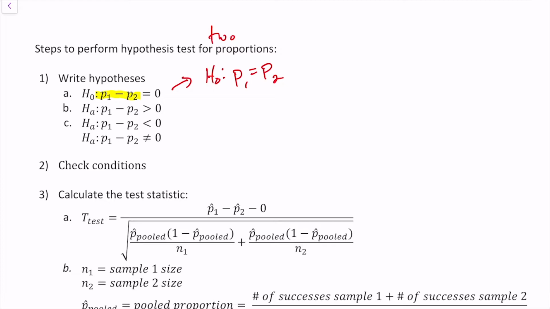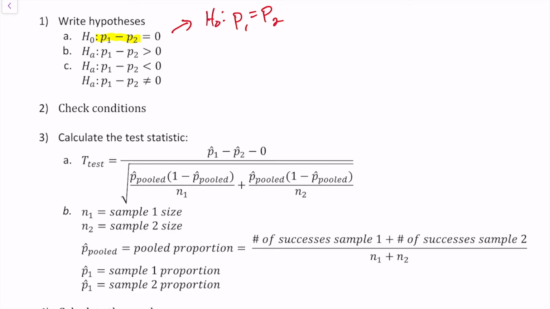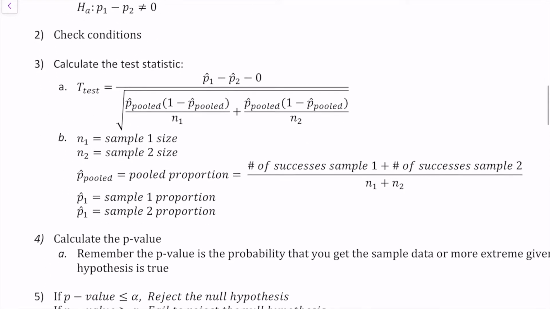And then we have an alternative hypothesis. We have p1 minus p2 greater than 0 if it's a right-tailed test, p1 minus p2 less than 0 if it's a left-tailed test, and p1 minus p2 does not equal 0 if it's a two-tailed test. All right, so those are the hypotheses. Write the hypotheses, you check the conditions, and then here we go, folks.